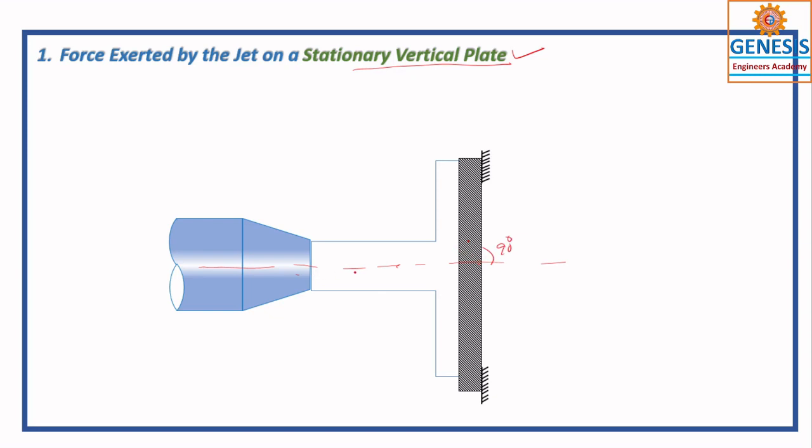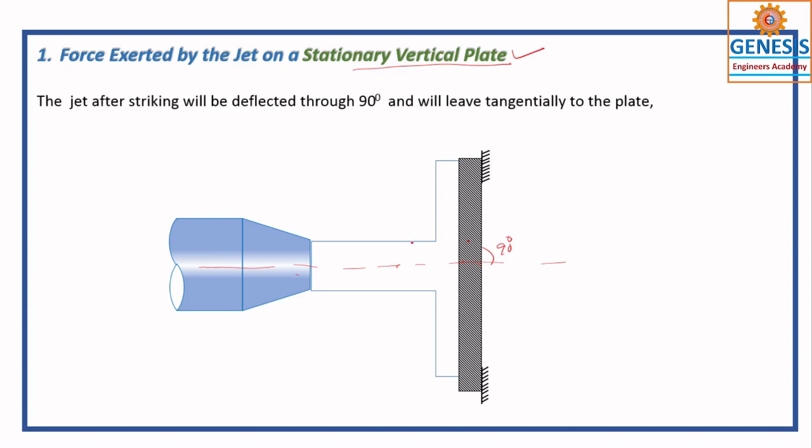Now the jet comes out of the nozzle, strikes, and gets diverted into two parts. Just observe. The jet after striking will be deflected. This is the direction of the jet, and it is deflected like this. The original direction of the jet is this. Then it turns through 90 degrees, and we call it deflected, and it will leave the plate tangentially.